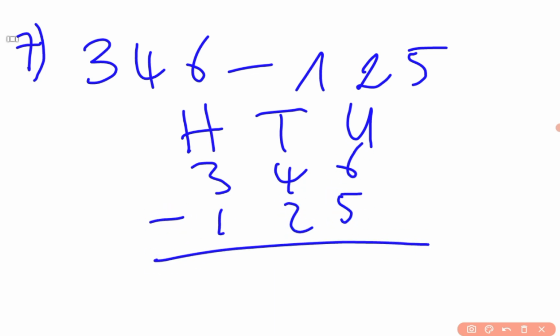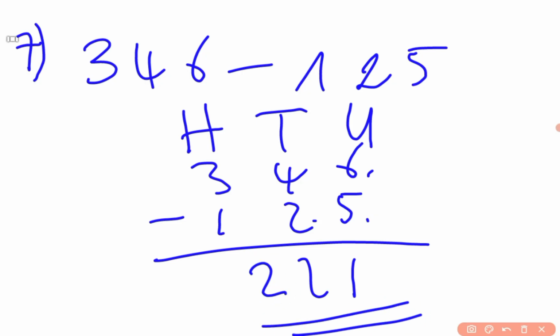Now if we're subtracting, 6 take away 5 is 1, 4 take away 2 is 2, then 3 take away 1 is 2, and this is your answer. Alright, so that is it for simple subtraction.